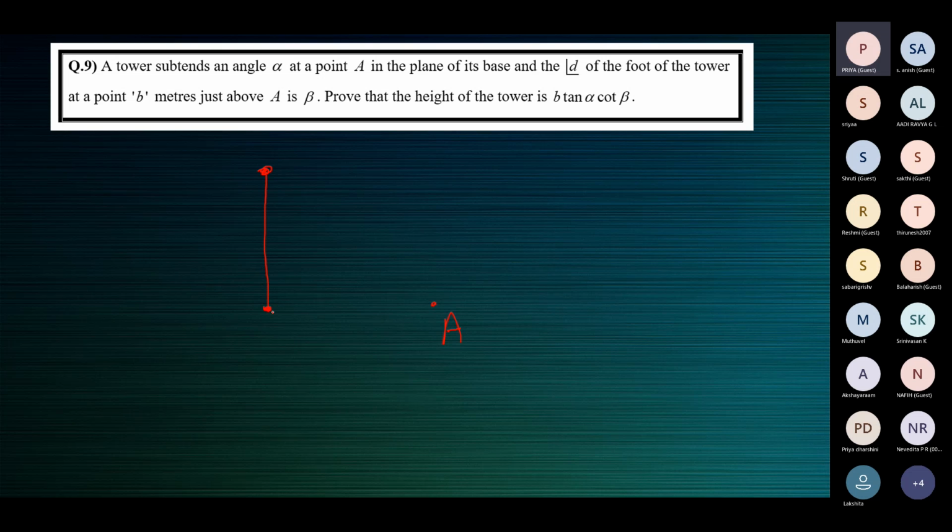Bring the ends of the line segment to that point A. This is the angle subtended by the tower at the point A on the plane, and that's given to be alpha. Is this fine, children?